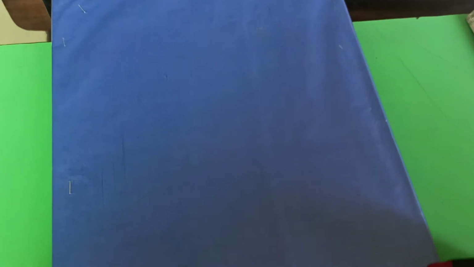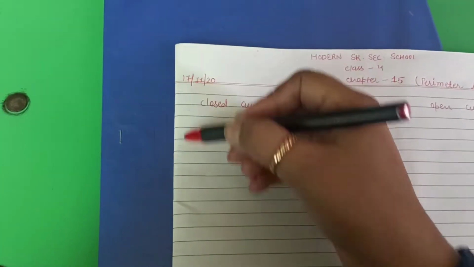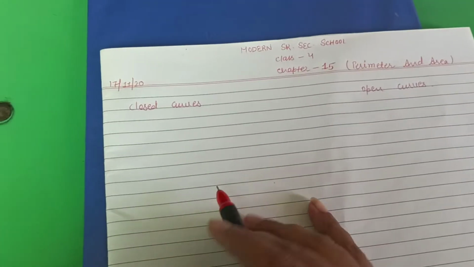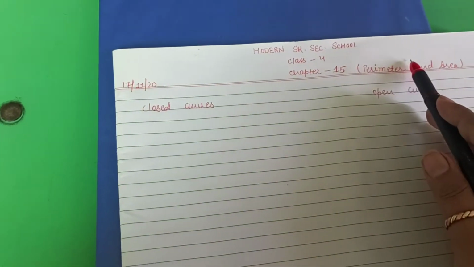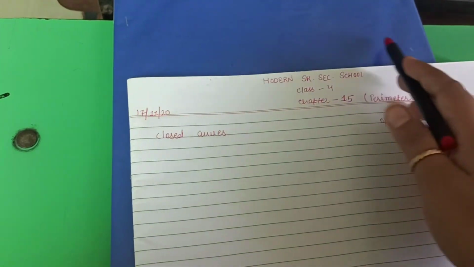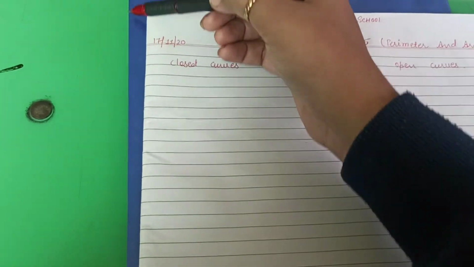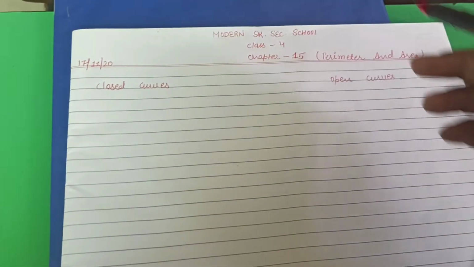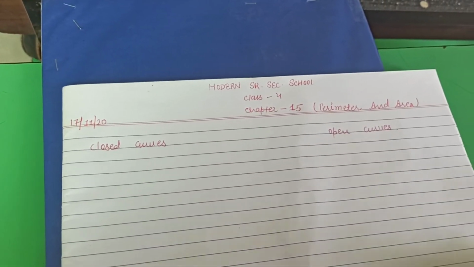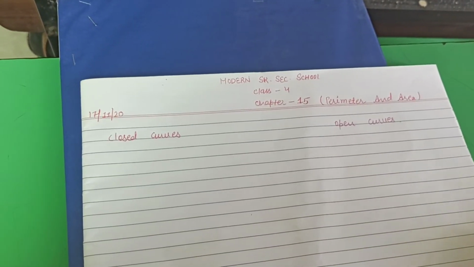What is the length of the register of the book? Anyone in this side is the length. And this one is the breadth, right? This one is the breadth. So, when we add length and breadth, then we are finding the perimeter, right?